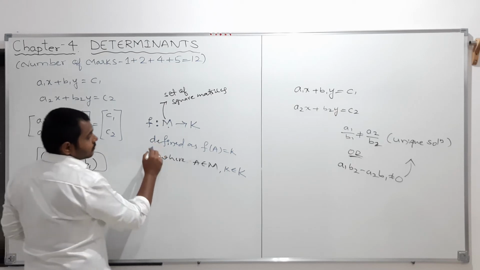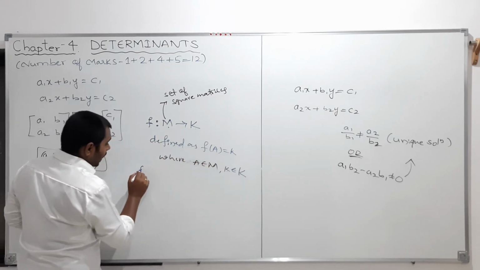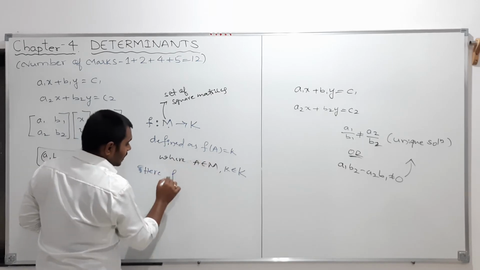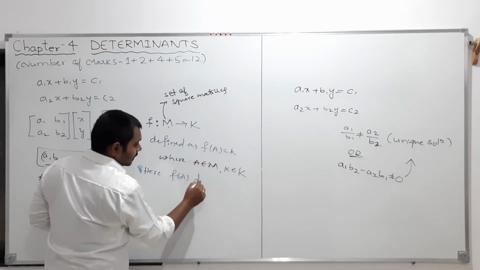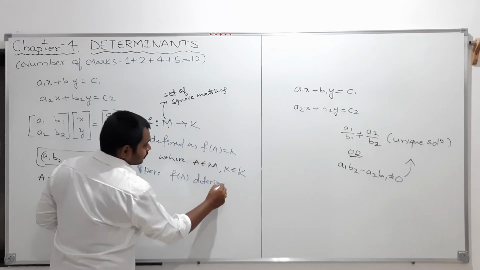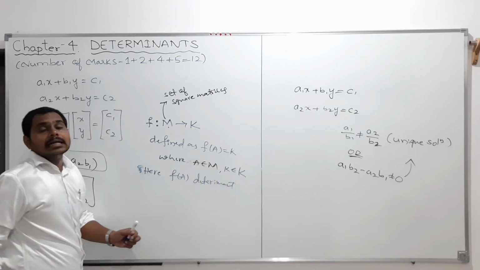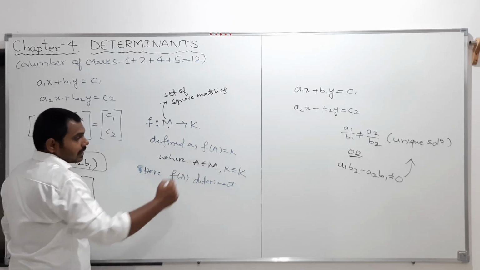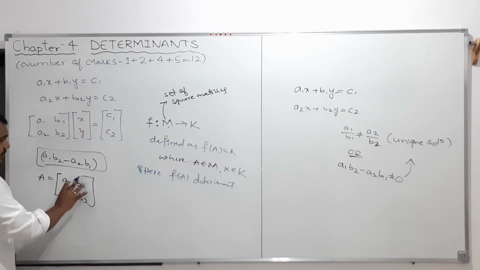So we defined this as f of A is equal to k, and f of A is nothing but the determinant of the matrix. So like this we will calculate.